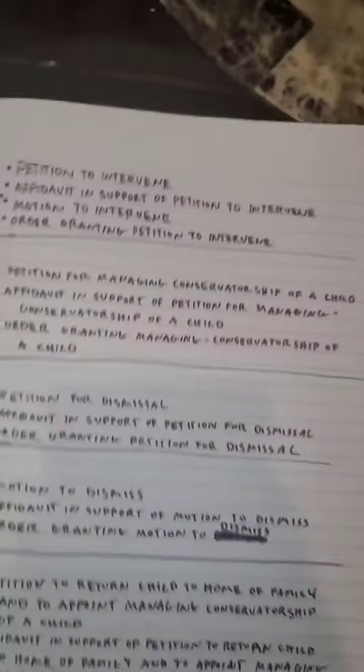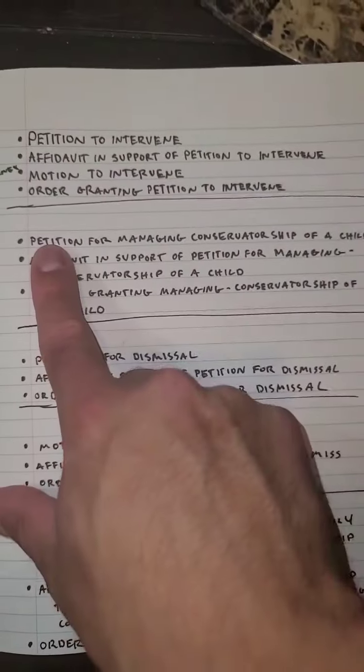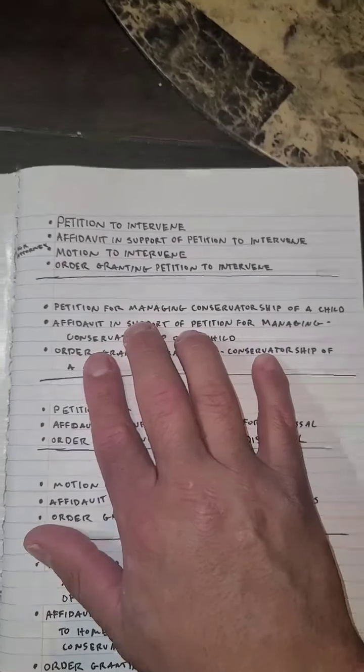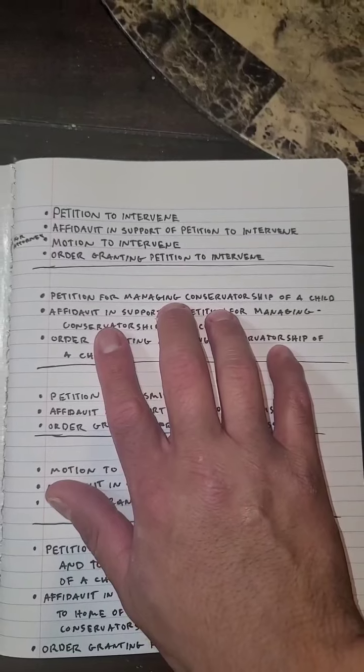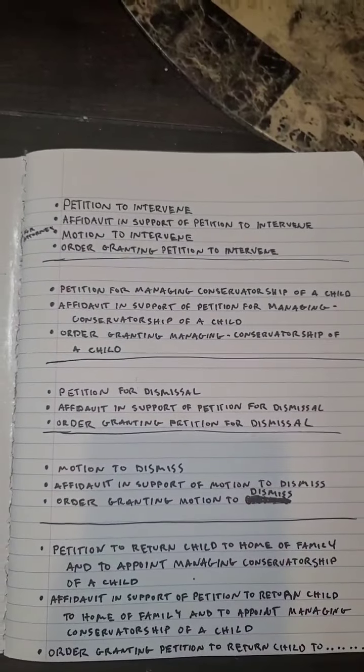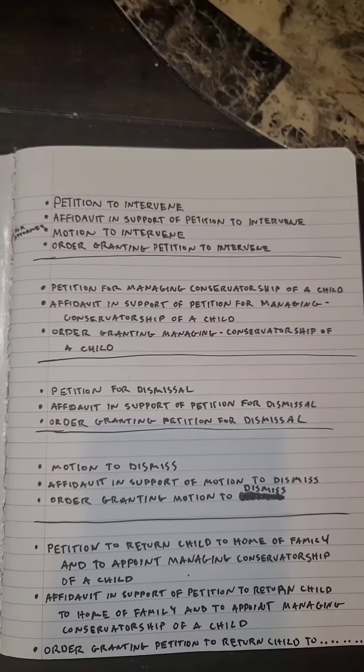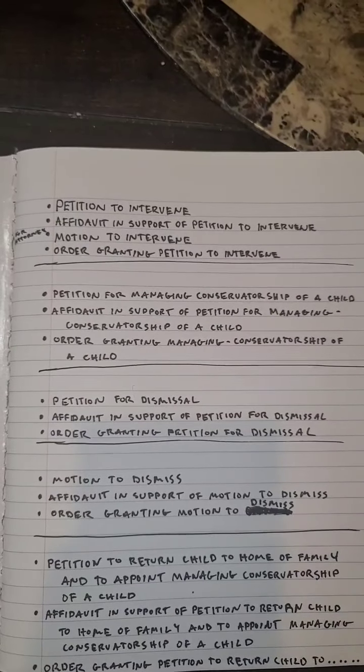But just know this: there are many petitions that you can file, and you can move the court in many directions. I'm going to show you another example, another scenario. So here's my next scenario. Let's just say that you're a grandparent and you're just trying to take managing conservatorship of a child.